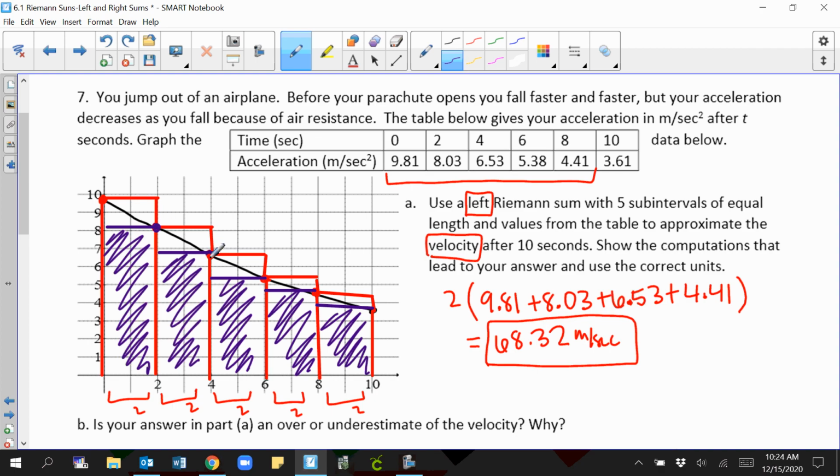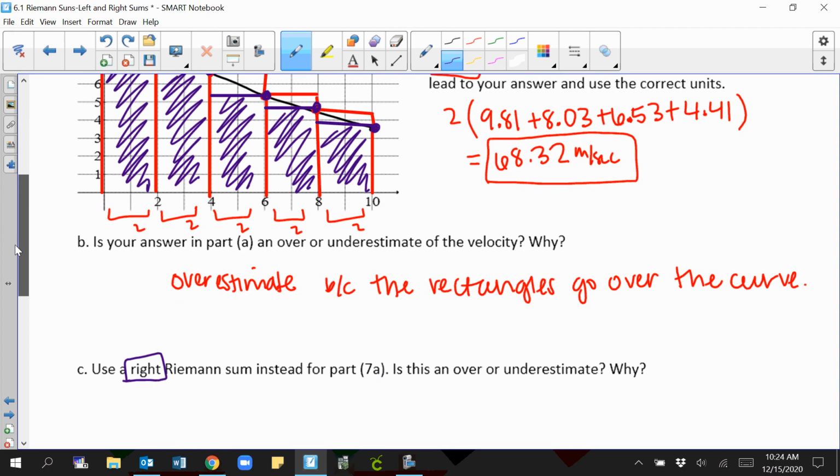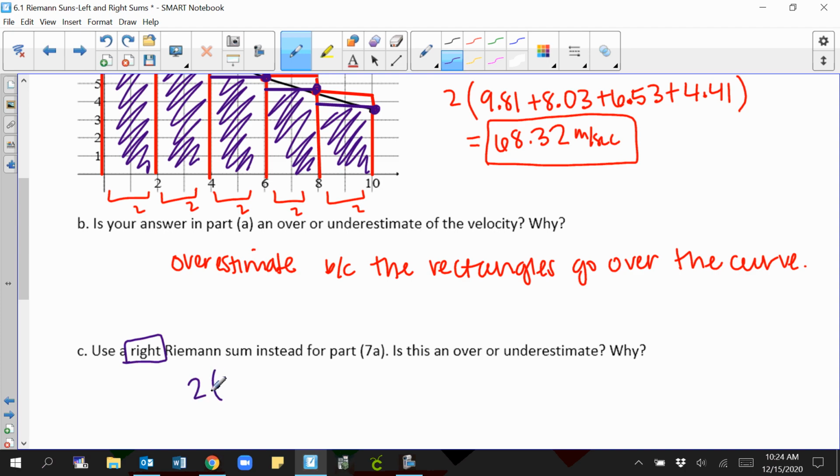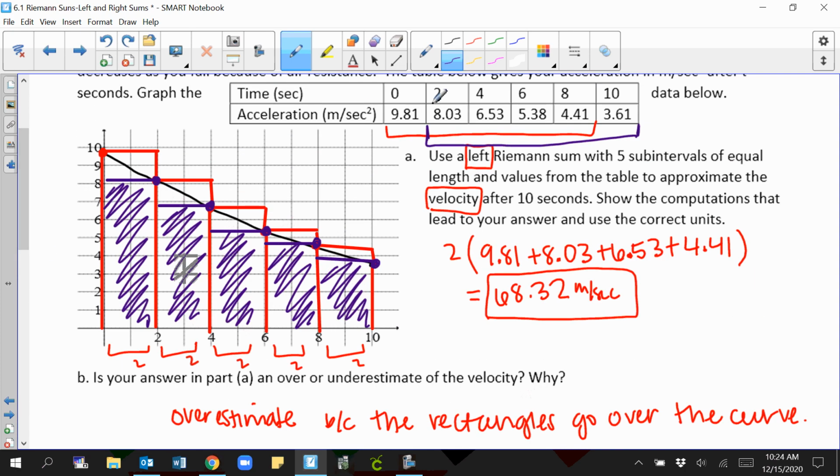But now we're also going to be using different points. We're using these right points, which means that instead of using our point at 0, we're going to start at our 2 right here and go to our 10. So our width is the same, it's still 2. And then I'm going to use all the points from 2 to 10.